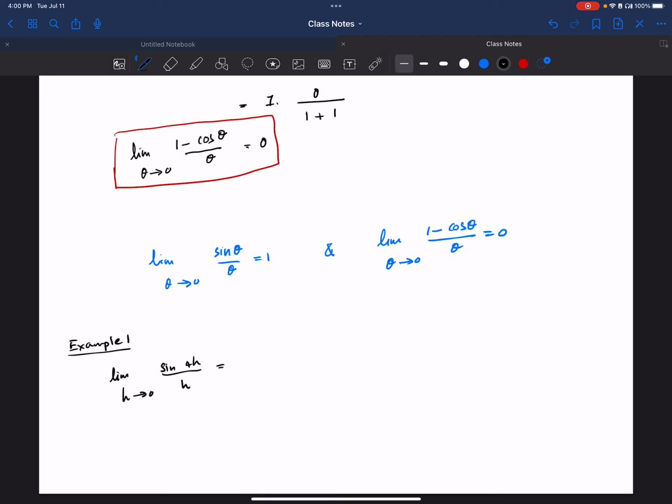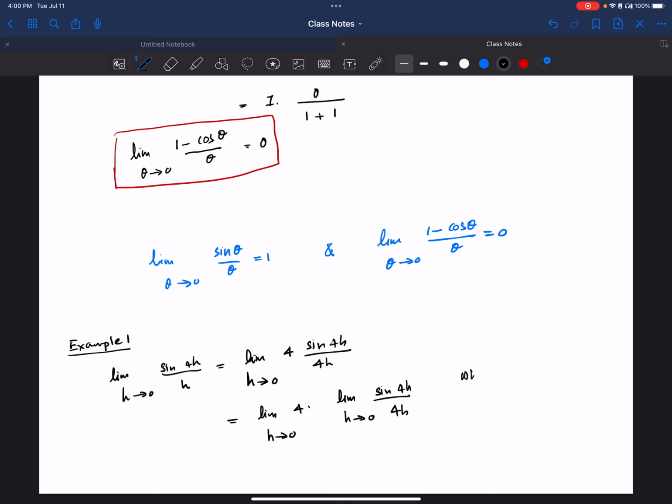What I can do is multiply both numerator and denominator by 4. Limit as h goes to 0 of 4 times sine 4h divided by 4h. Now I can take the product rule: 4 times limit as h goes to 0 of sine 4h over 4h.